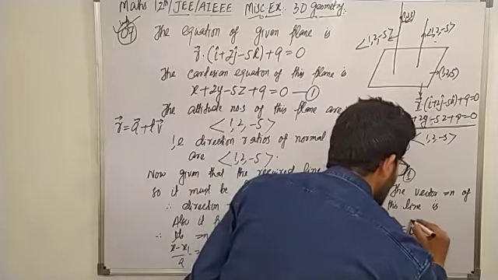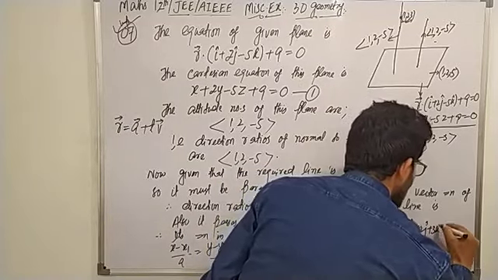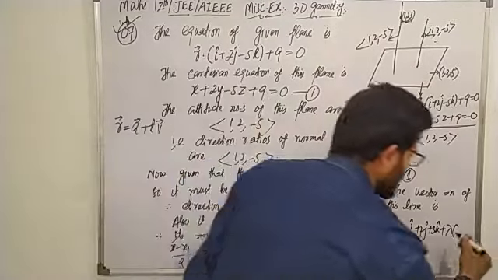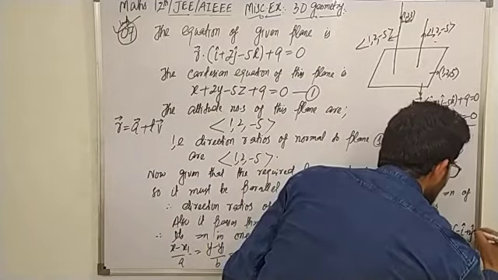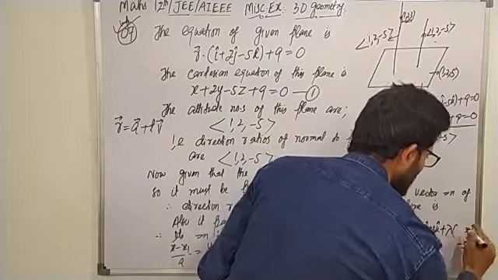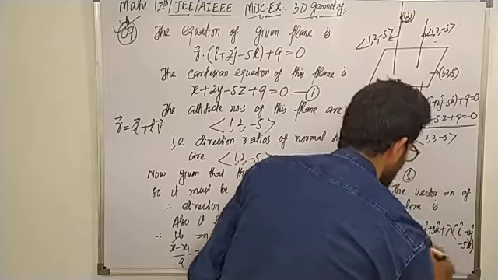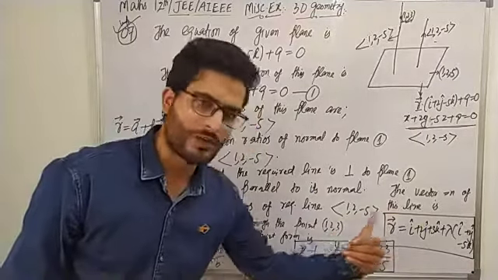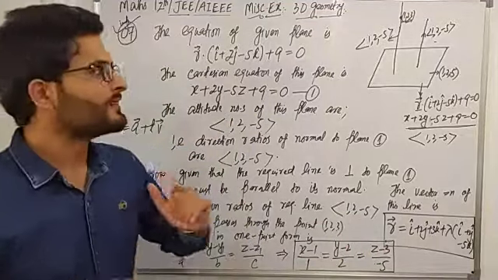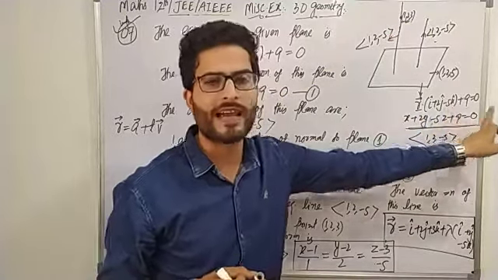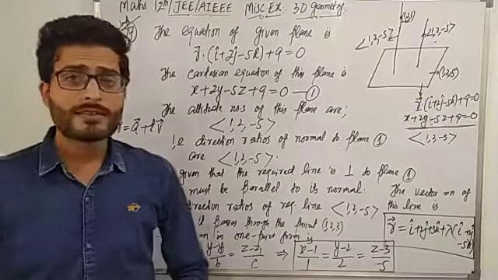So the position vector will be i plus 2j plus 3k, plus t times, or write lambda times, the vector v. But what is vector v? Parallel to the line, so what are its direction ratios? 1, 2, minus 5. So i plus 2j minus 5k. So r vector is equal to i plus 2j plus 3k plus lambda times (i plus 2j minus 5k) would be the equation of the line passing through the point 1, 2, 3 and perpendicular to the plane r dot (i plus 2j minus 5k) plus 9 is equal to 0. All about question number 7 of the miscellaneous exercise.